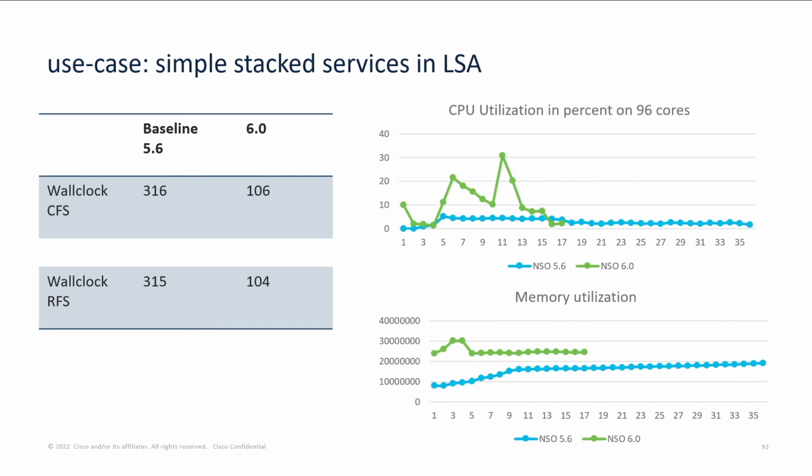But then the mentioning of LSA and the parallelism in the commit queue in LSA, that makes all the difference. So you get a 3-time improvement, and that is because the whole system becomes parallel in a new way.